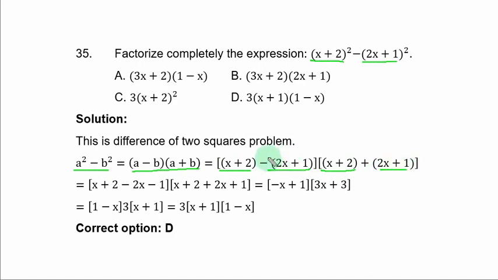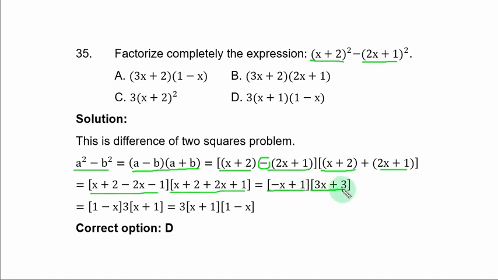You open this bracket with this minus sign and you have s plus 2 minus 2s minus 1. If you open the second bracket, you have s plus 2 plus 2s plus 1. If you add like terms in both brackets, you have minus s plus 1 and 3s plus 3.